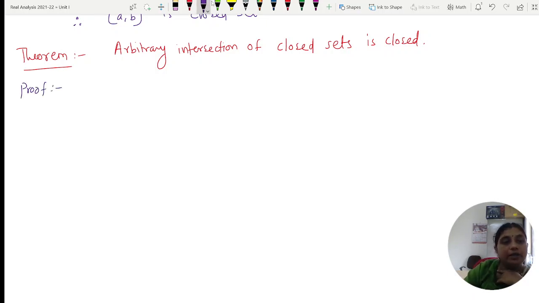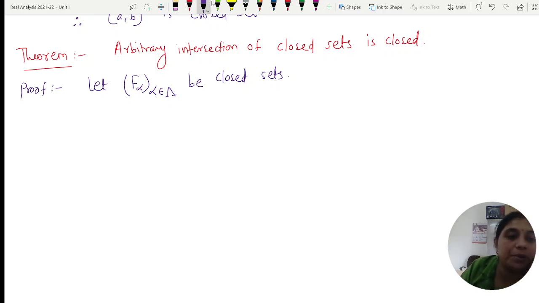Start with an arbitrary intersection. So let F alpha, alpha belongs to lambda, an arbitrary directed set, be closed sets. If each F alpha is closed, what can I say about its complement?